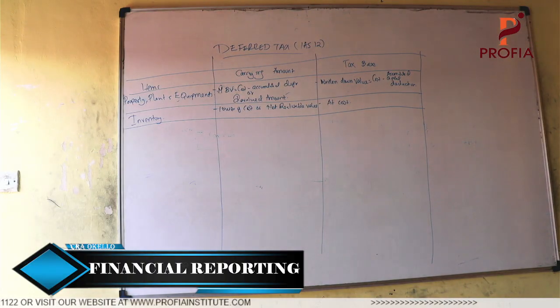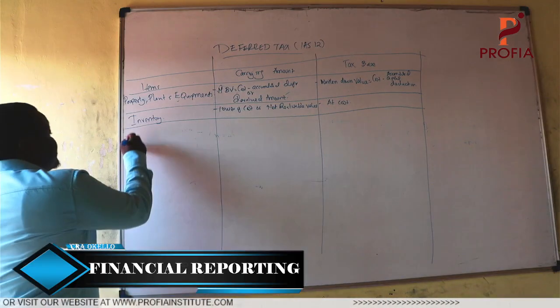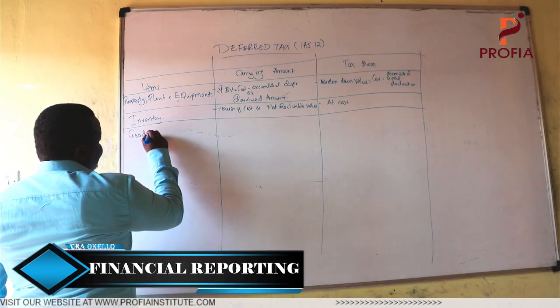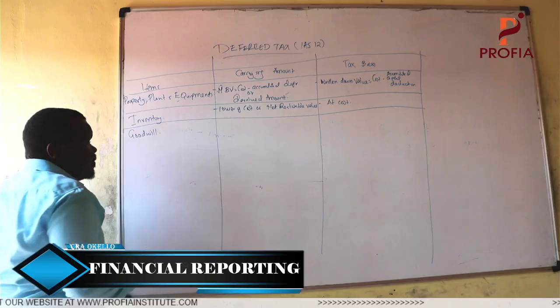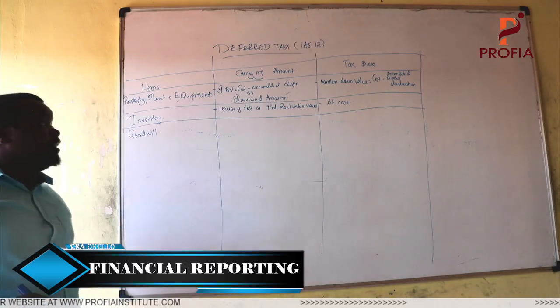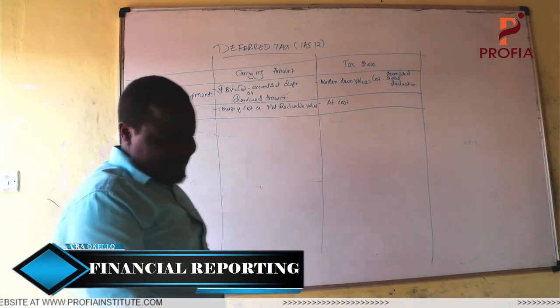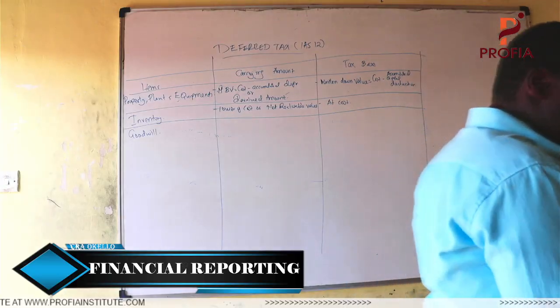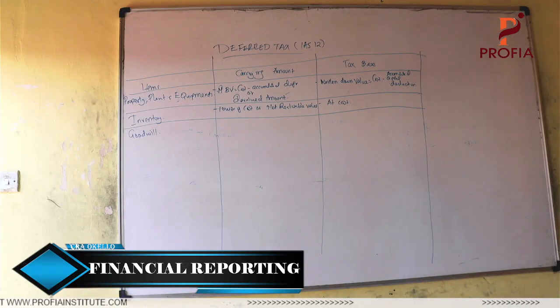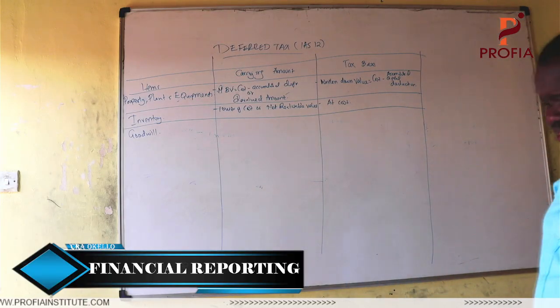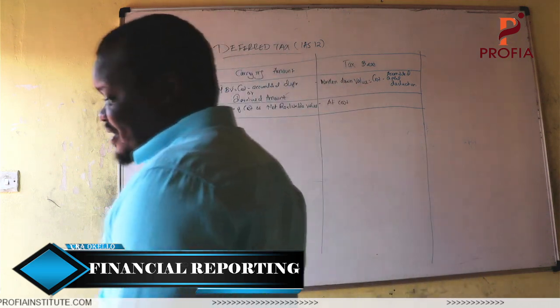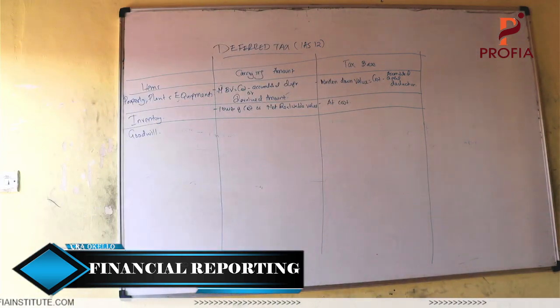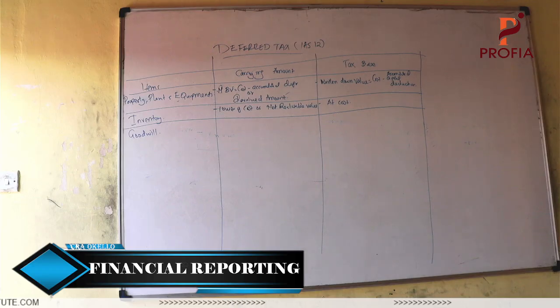We have goodwill. It is cost minus impairment. I think we'll be doing goodwill substantively in the next two topics. This is cost minus impairment.